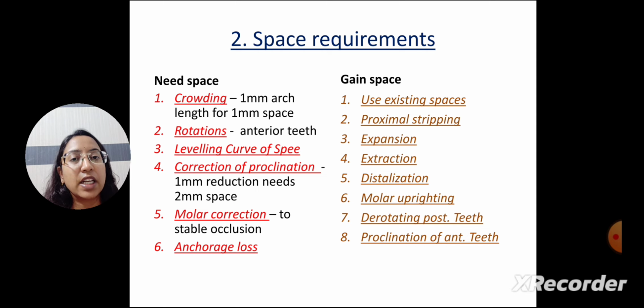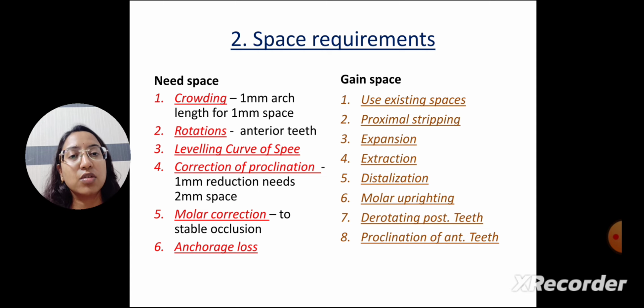Therefore, when we are trying to level a deep curve of Spee, it will take some space. If we are not giving enough space, it will tend to procline the lower anterior teeth. Then for the correction of proclination, we need space. For every 1 mm reduction of the proclination, we need 2 mm space in the arch.